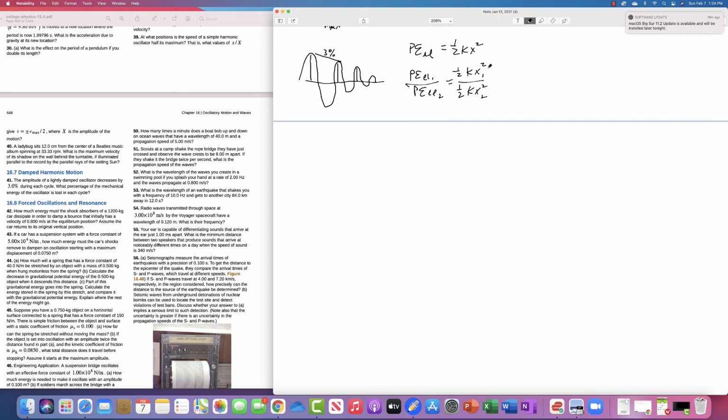And what we're saying is that the x is decreased by 3% with each move. So the ratio of the energy is going to equal the square of the ratio of the amplitudes. And if you decrease this by 3%, the square of 3 is 9%. So the energy is going to be damped by 9% with each wave. Well, the answer is 9%.